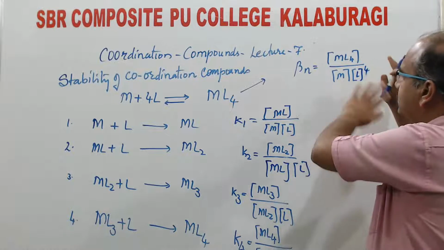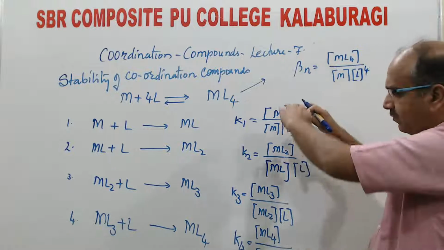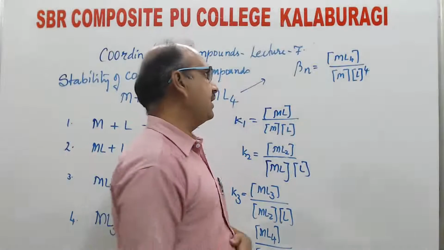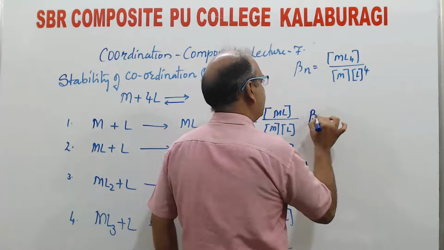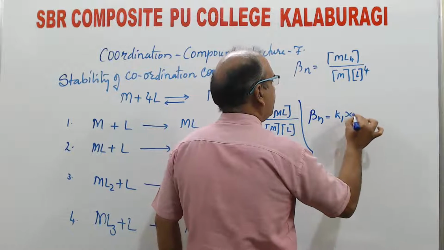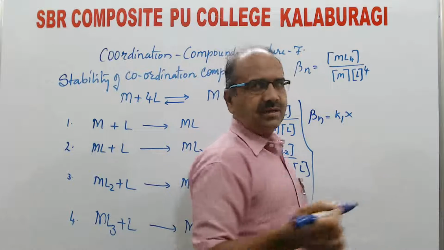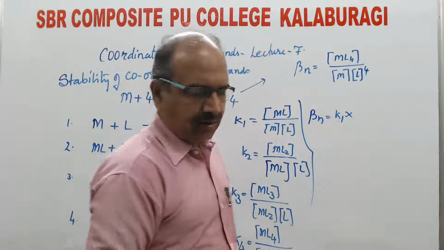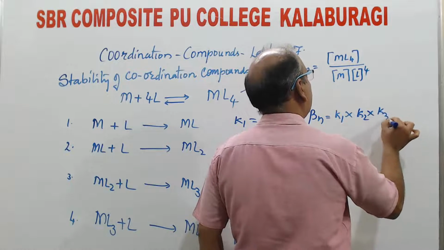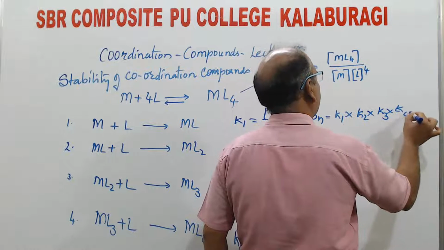Now, this involves several steps. It's not a one-step reaction, it's a several-step reaction. So what will beta n be? For this reason, beta n is the product of all the stability constants: K1 into K2 into K3 into K4 and so on.